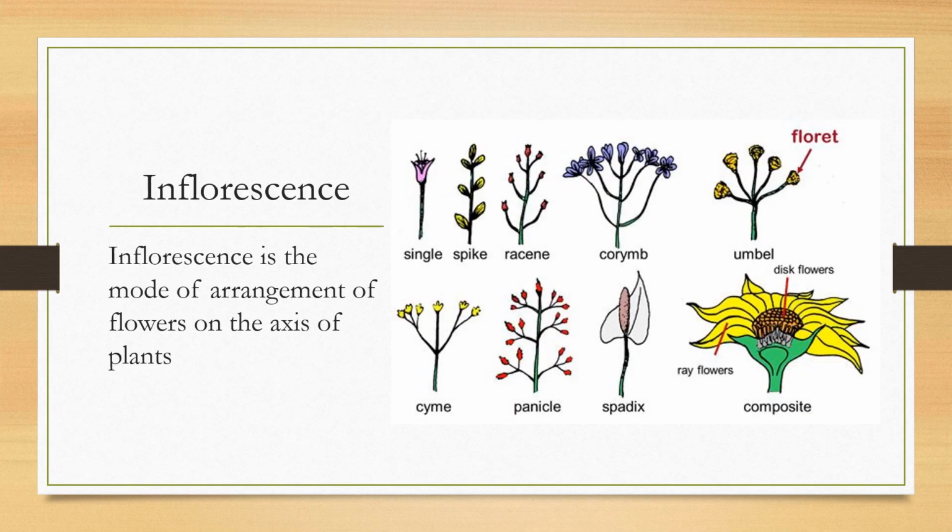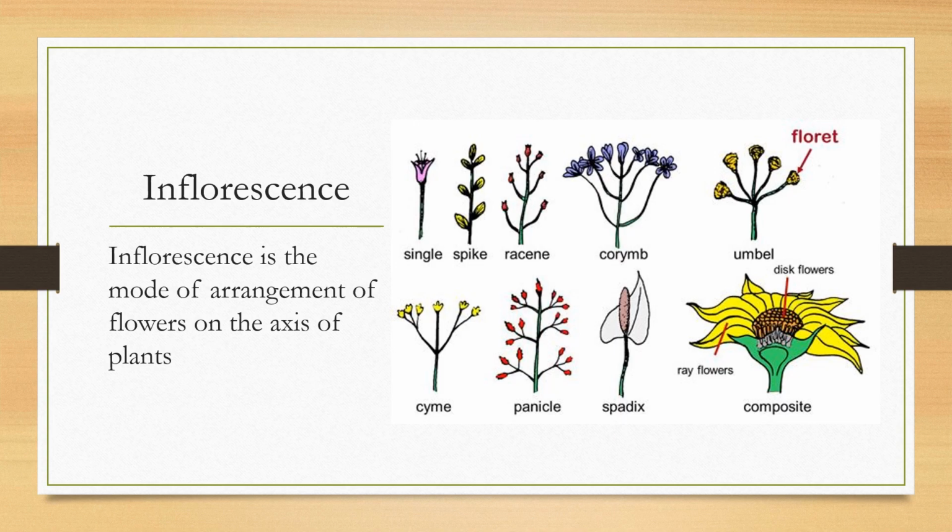Inflorescence is the mode of arrangement of flowers on the axis of plants. You can see different plants having flowers arranged in different conditions. They are arranged in bunches, in single condition, with older flowers at the tip and younger flowers below, or alternately younger flowers at the tip and older flowers below.